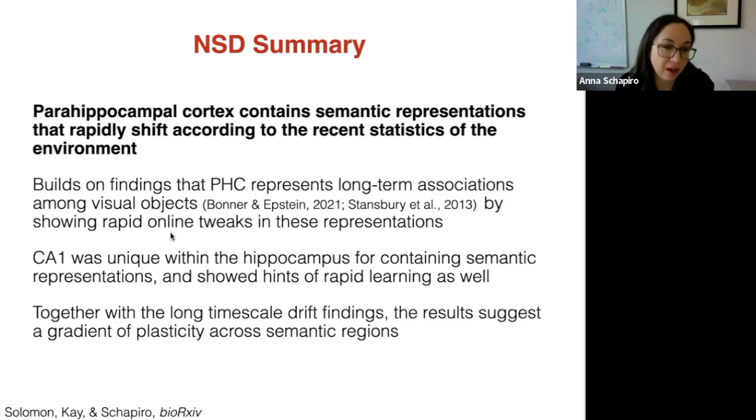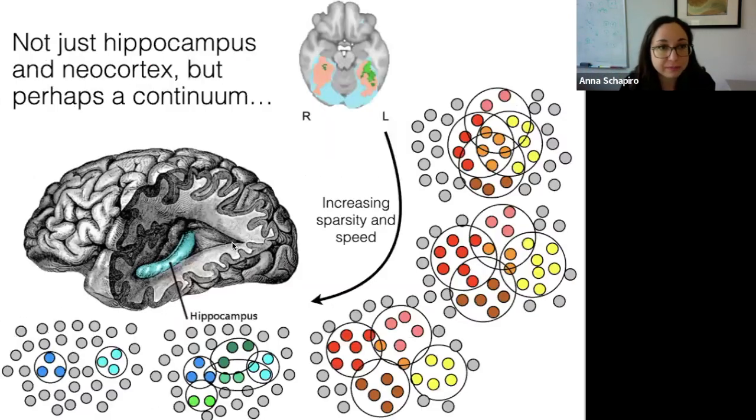And then together with the long timescale drift findings, the results suggest a gradient of plasticity across these regions, where as you get to faster learning, you're moving more anteriorly.